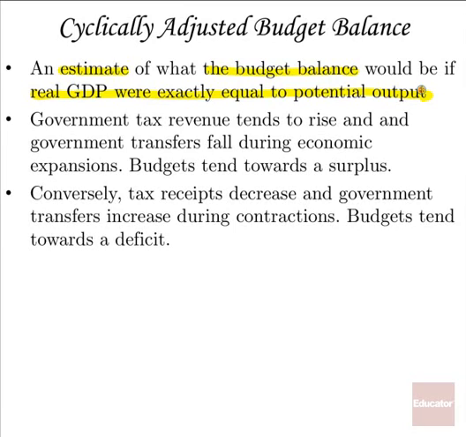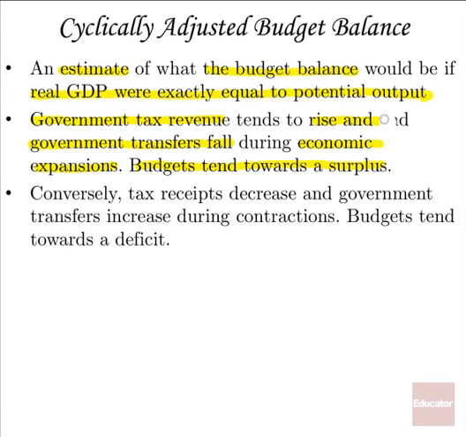So assume that there's no recessionary gap or no inflationary gap. Let's assume we're at potential output. And here's the reality. Government tax revenue will tend to rise and government transfers fall during economic expansions. So the budget tends towards a surplus.